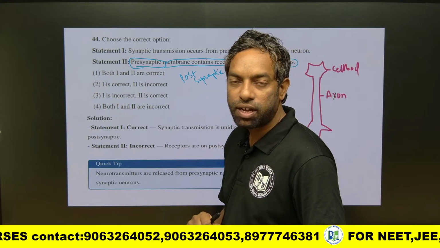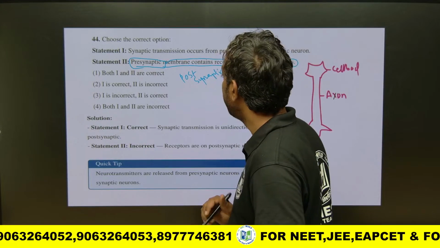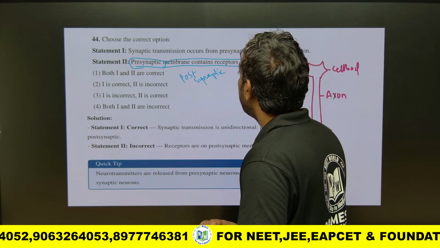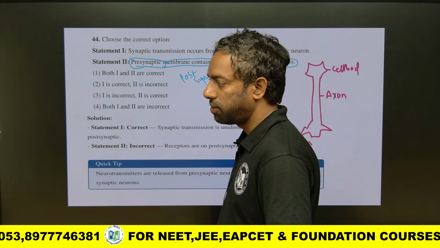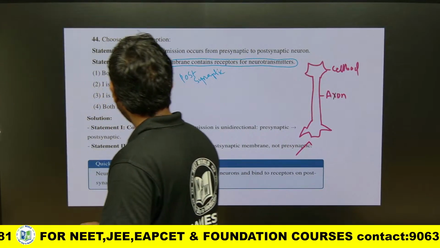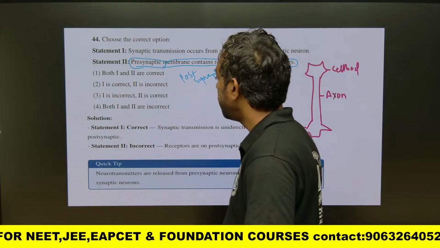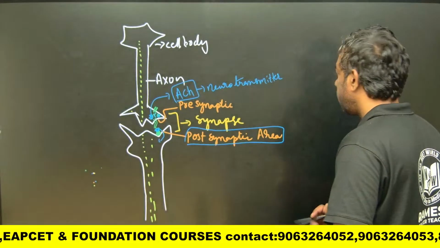They receive the chemical, acetylcholine, the neurotransmitter. There are receptors for the neurotransmitters. Okay, guys, here 1 is correct, 2 is not correct. Okay, yes. Next question.